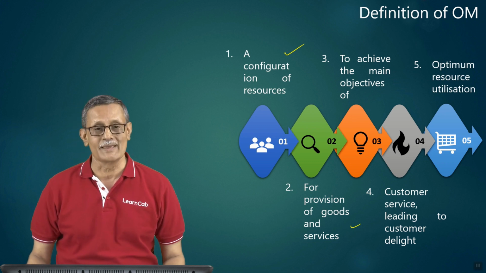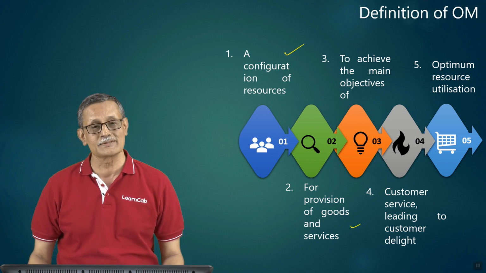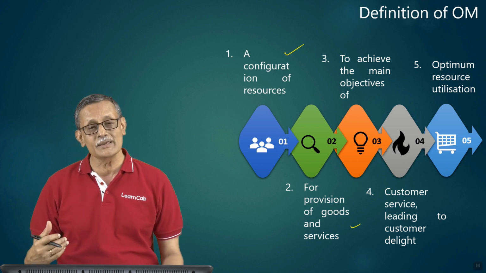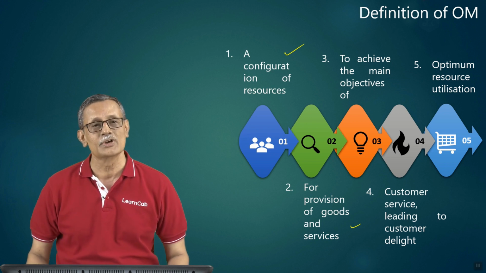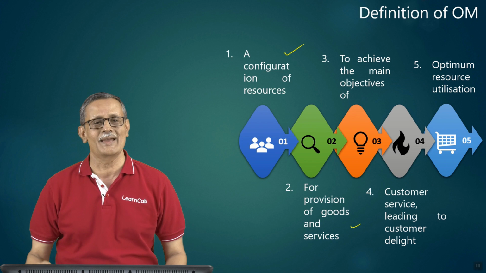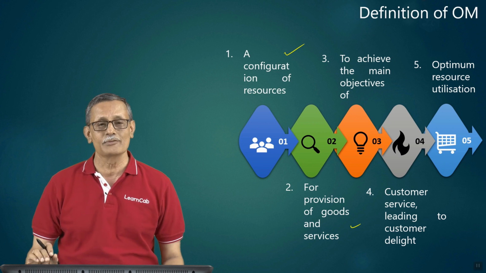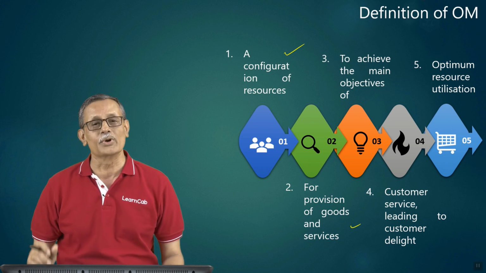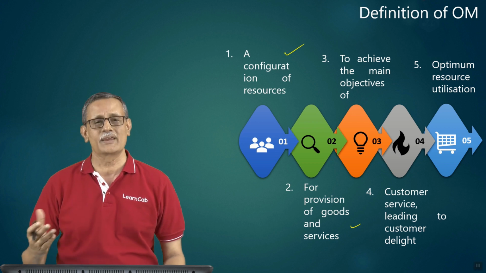Optimum resource utilization. The definition of operations management also involves a particular responsibility on the enterprise that it must use resources only to an optimal extent. For example, if you require 1000 kg of input to derive 200 kg of output, a classical example is sugarcane.